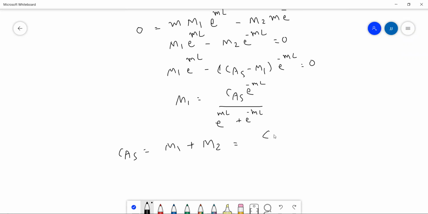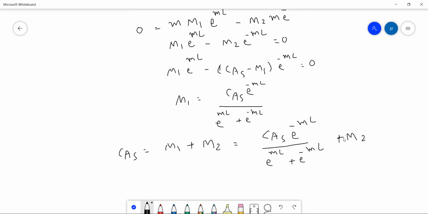This equation becomes CAS into e raised to minus ml divided by e raised to ml plus e raised to minus ml, plus this m2.